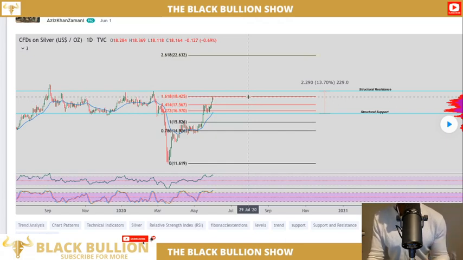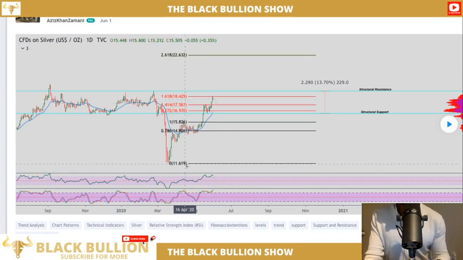That's what these three red lines are. As far as the Fibonacci extensions are concerned, silver recently hit 1.618, which is roughly at $18.425. During that time that it hit that point, the RSI peaked above 70.